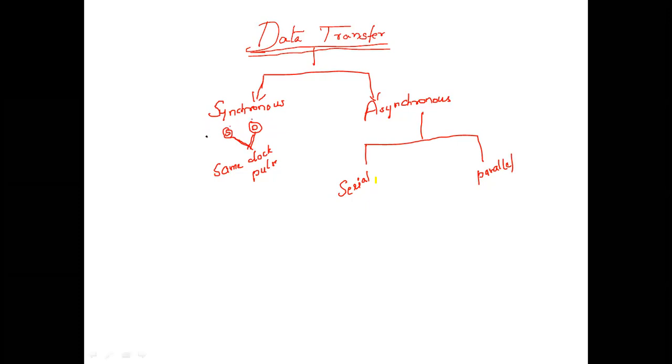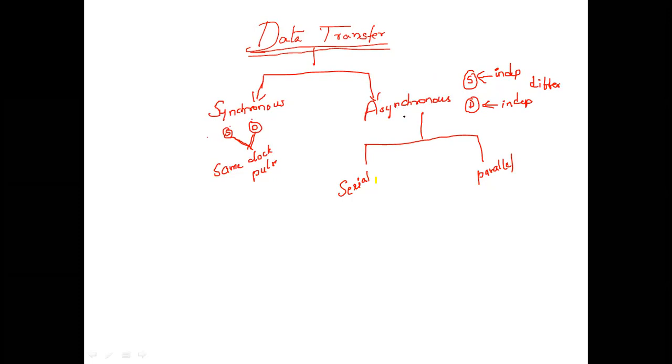In an asynchronous transfer, we have two devices, source and destination. The source has an independent clock and the destination also has an independent clock. Both have different clocks, not the same clock. This type of data transfer is an asynchronous data transfer.